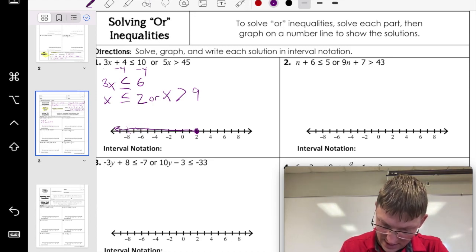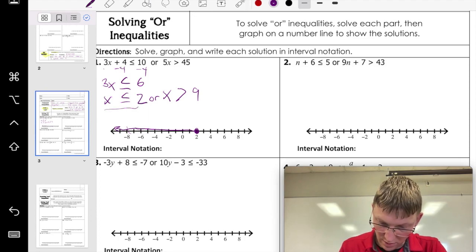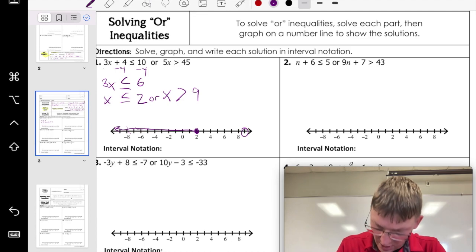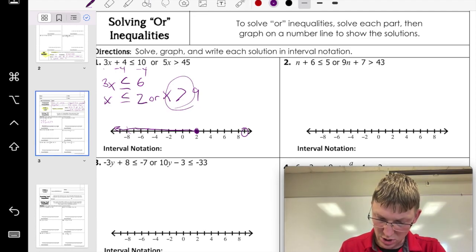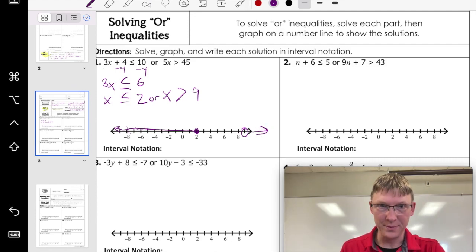Okay, so that's that part. So now we got to deal with this part. x is greater than 9. So we're going to find 9. We're doing an open circle because there's no equal there. And we're going that way. So that is our graphing, if you will.